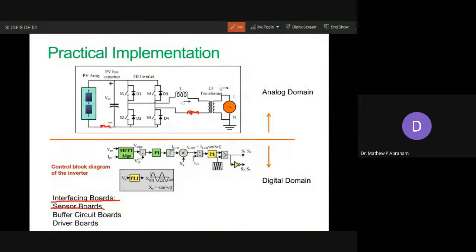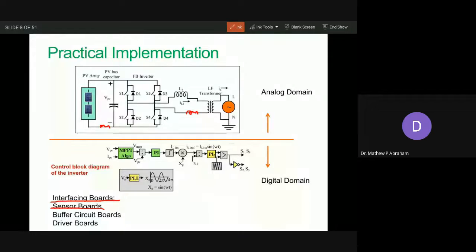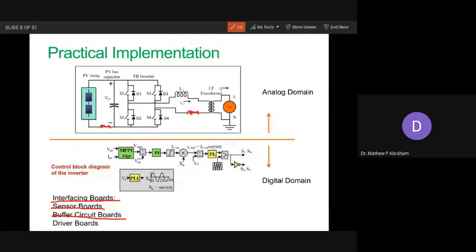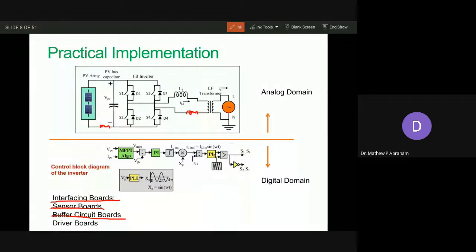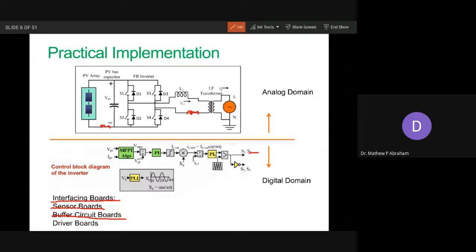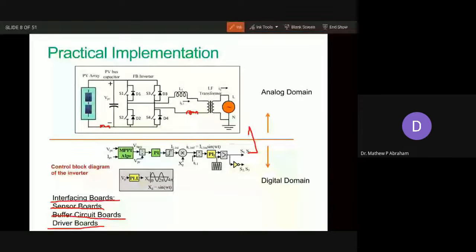So we will be having some sort of buffering action. And from that, as inputs to the digital signal processor, it will be creating firing pulses. And those firing pulses will be connected again to the analog domain or power circuit using what are called driver boards. There are standard driver boards available. We can make use of them.